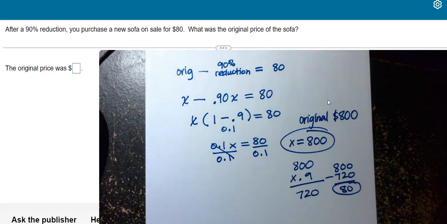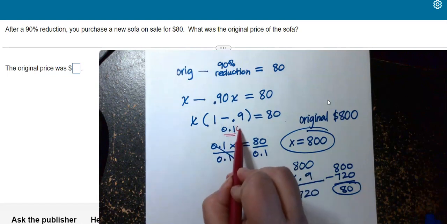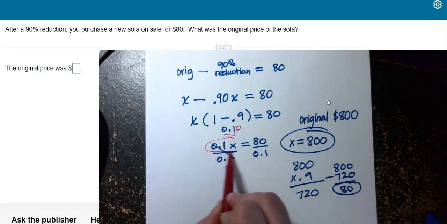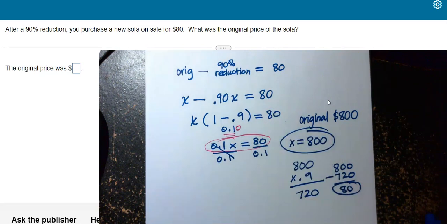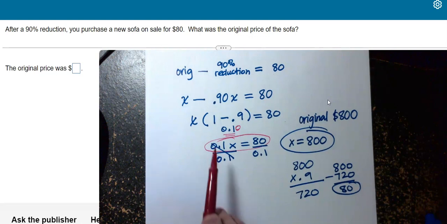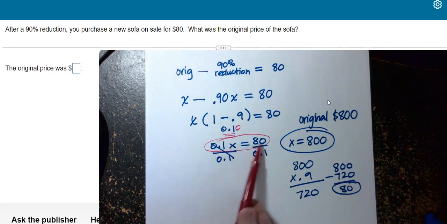Remember, it takes 100% as the whole shebang. So if I take 90% off, then I'm left with 10% of the original price. That's what we have here. You can jump to this. In other words, the $80 price is 10%, 0.10 times the original equals $80.